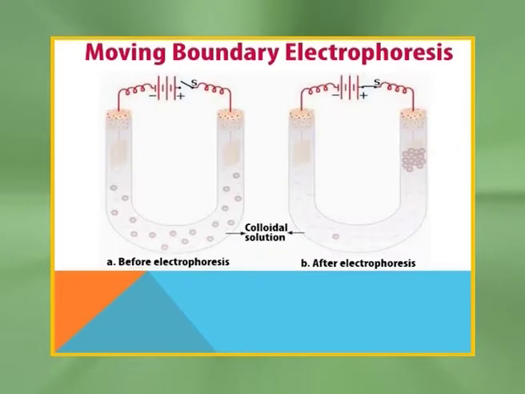On the other hand, moving boundary electrophoresis is carried out in a solution without a supporting media. The sample is dissolved in the buffer and molecules move to their respective counter-charged electrodes.